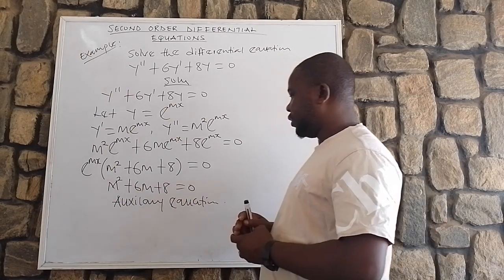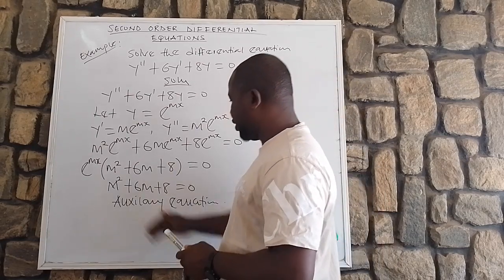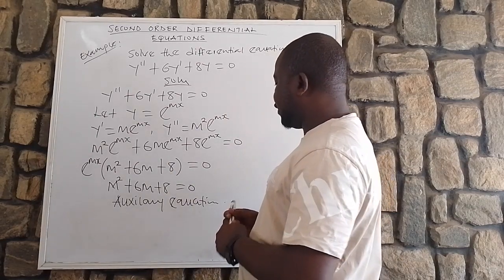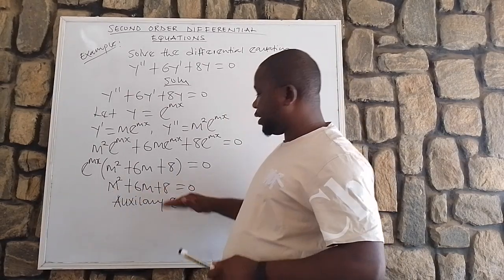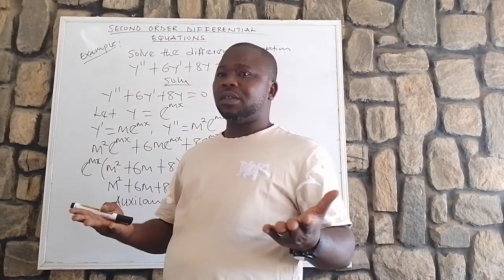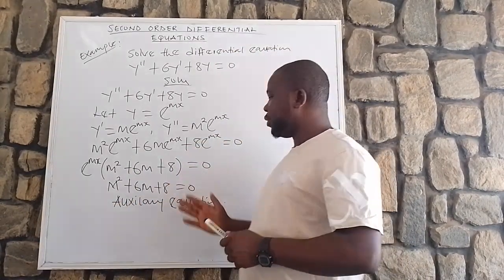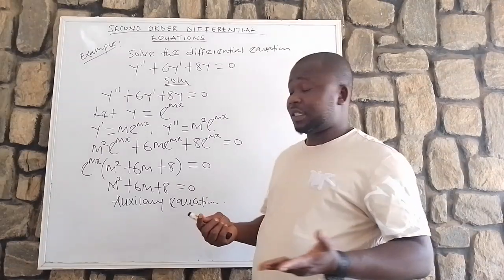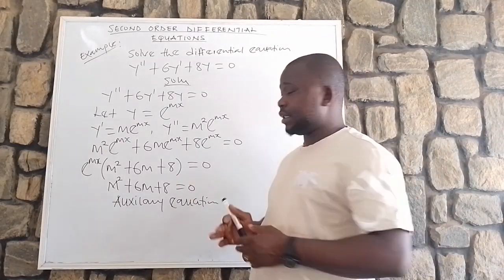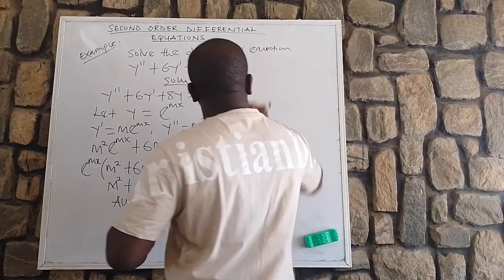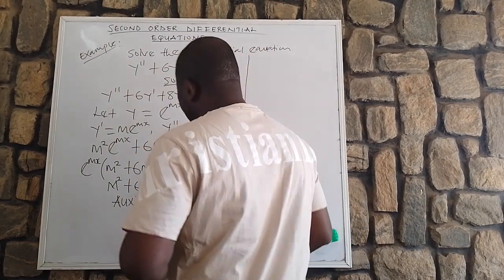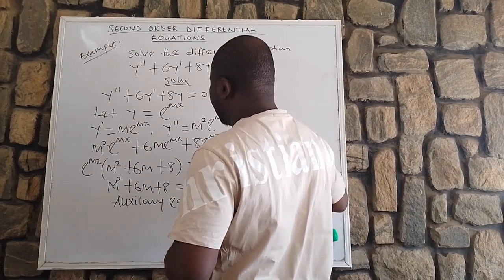You know how to solve a quadratic equation. So now we are going to solve it in quadratic form. At this point, you can make use of any of the quadratic methods you know best, in order to avoid mistakes. Let's use the factorization method.